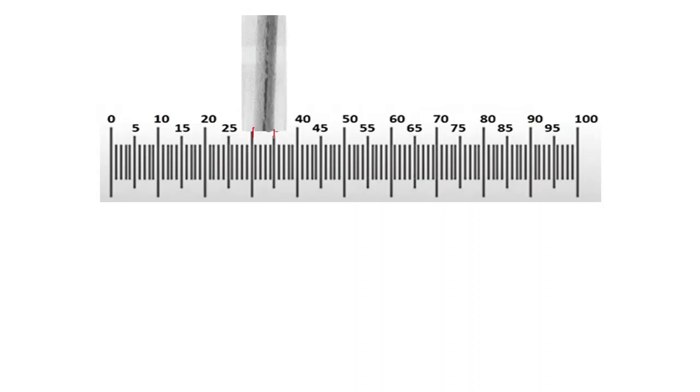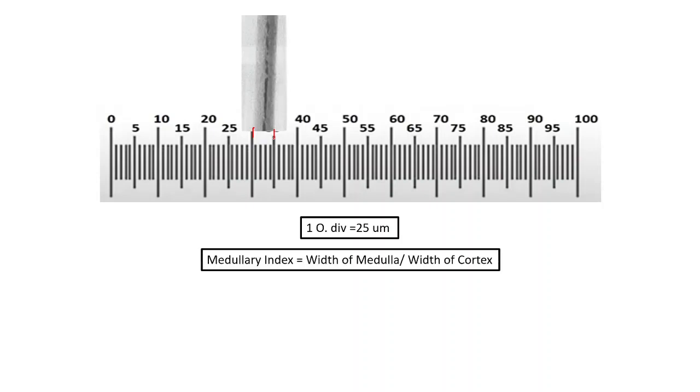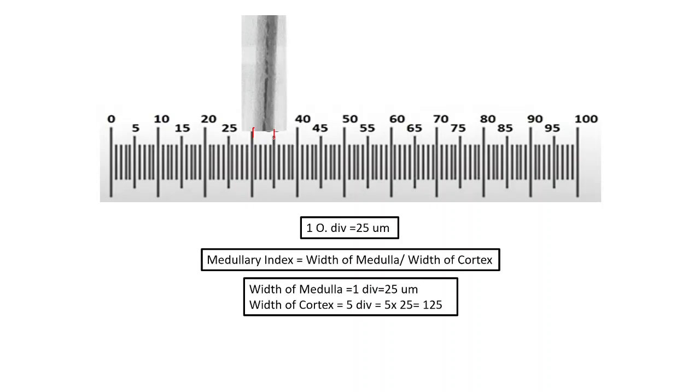So you can see how many divisions the cortex has, and how many divisions the medulla has. The medulla consists of one division, and this cortex consists of 5 divisions.